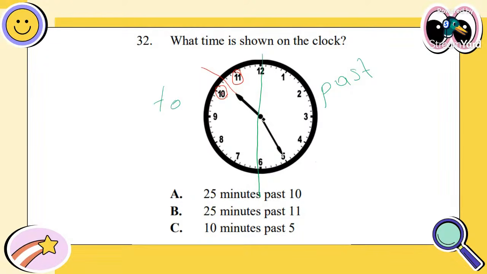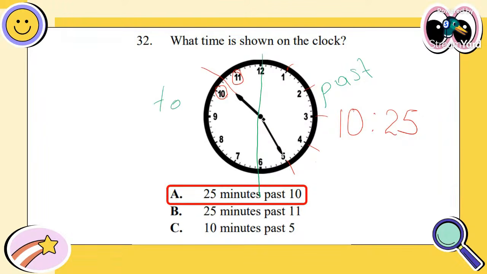The hour hand passed 10 because you get to 10 before you get to 11. There we have 10. And past, we have 5, 10, 15, 20, 25. 25 minutes past 10. So 10:25 is written as 25 minutes past 10. So for those who said A, good job. Awesome.